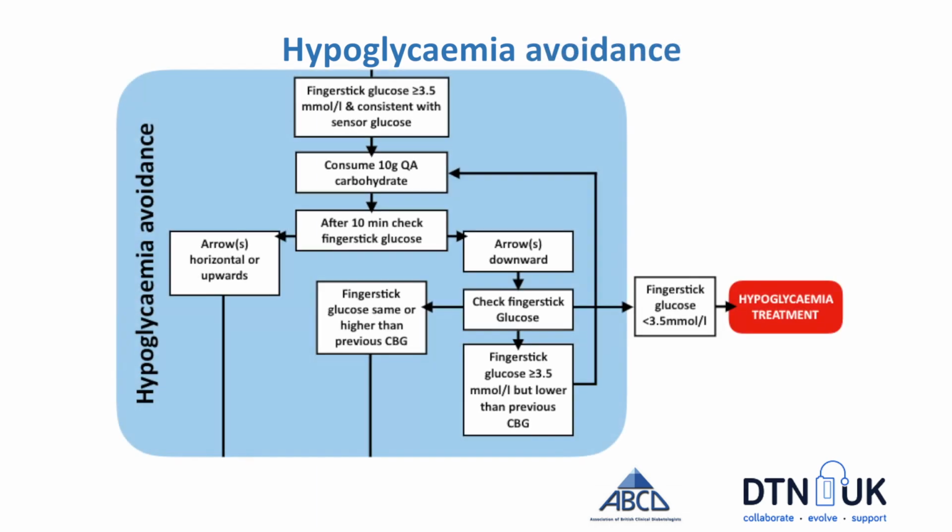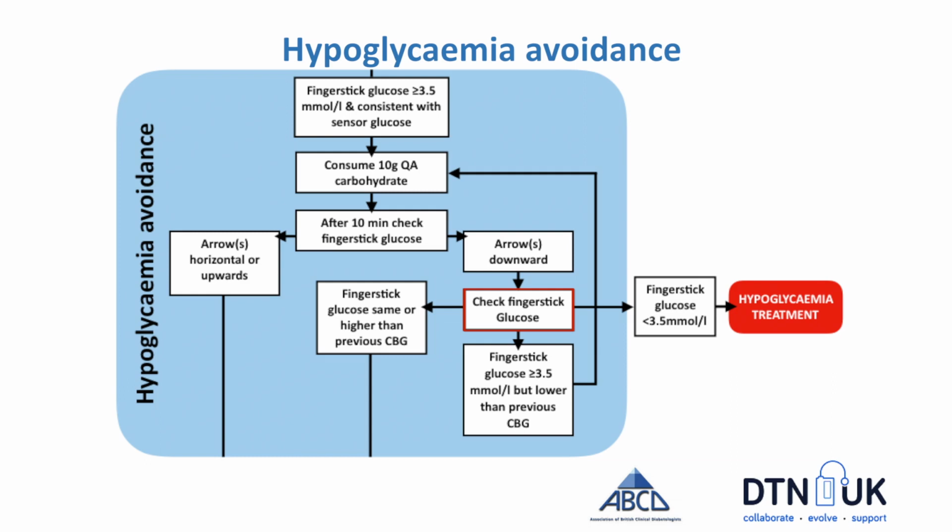So if your fingerstick glucose is 3.5 or above, but is similar to the sensor glucose, and the arrows suggest that you're at risk of hypoglycemia, you would have 10 grams of quick-acting carbohydrate. If after 10 minutes you've got downward arrows, then check your fingerstick glucose again, because this will tell you where your glucose is.